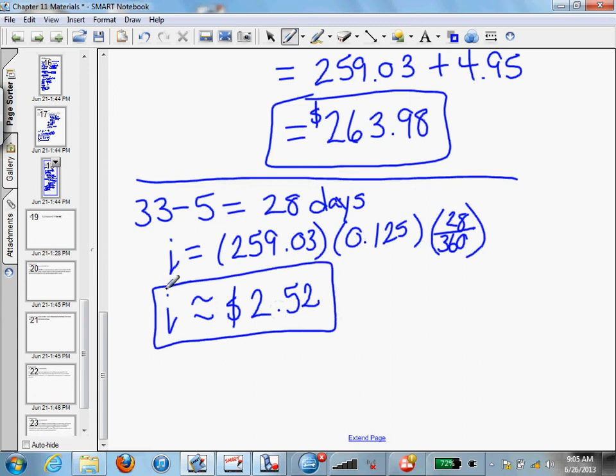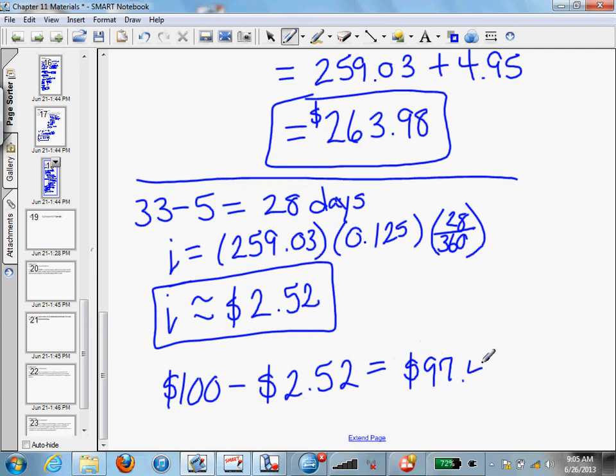The interest of that amount is due February 2nd and is deducted from the payment of $100. The remaining payment of $100, you subtract the interest from it. So you now have about $97.48, which is then credited to the principal.